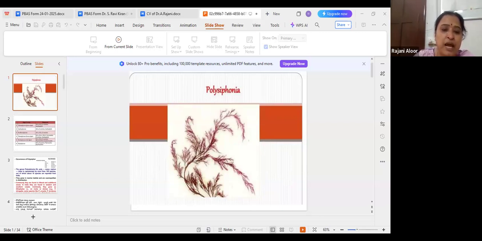Coming to the plant body, this is a very common distribution. This is the Polysiphonia plant body. You can observe a tree-like structure, no? Not a tree, each and every cell is siphonous, with tube-like structures. This is a feathery thallus, and this is a leaf-like thallus. Next one is Porphyra.